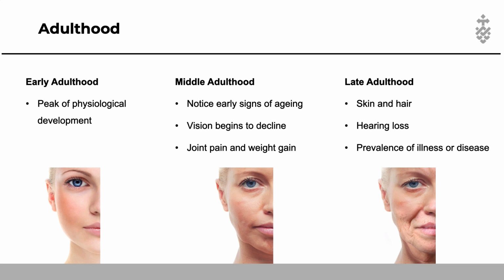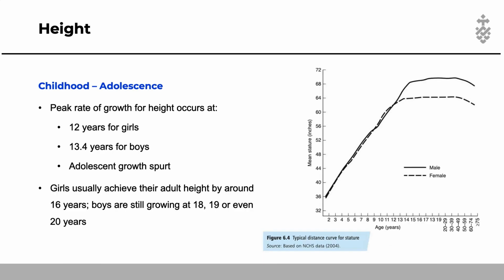Exposure to the sun also accelerates those changes, and the graying of the hair is inevitable. We also experience hair loss all over the body during that late adulthood stage. There's also an increased prevalence of illness or disease in this population, and that can result in dramatic physical changes like rapid weight loss.